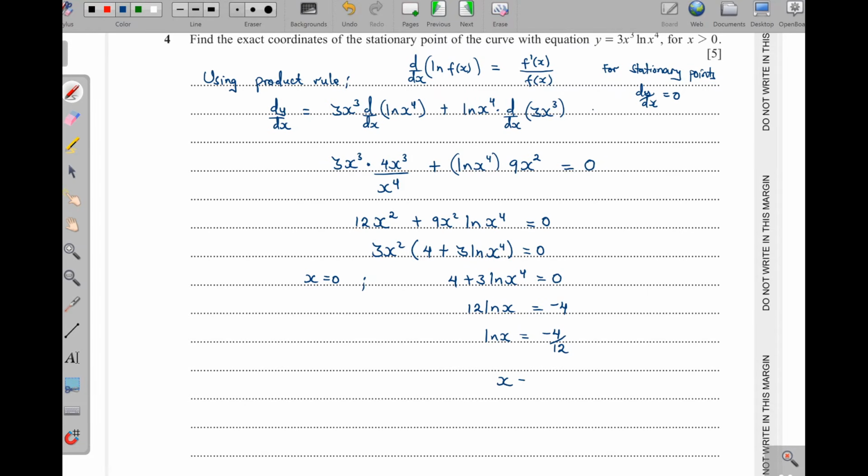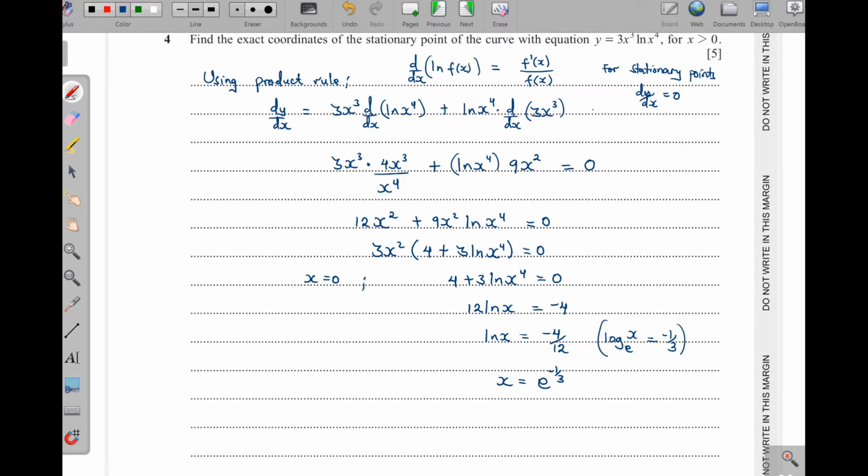So for me to get x here, then it will be e to the power of negative a third. Remember, this one is the same as log base e of x, which is equal to negative a third. And then we say e^ this is equal to that. You see that? So that is that.